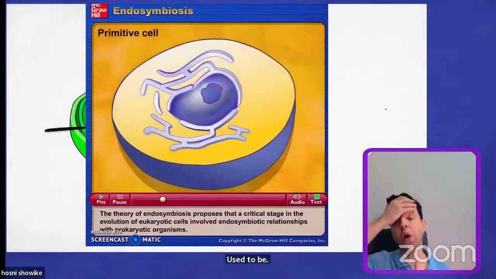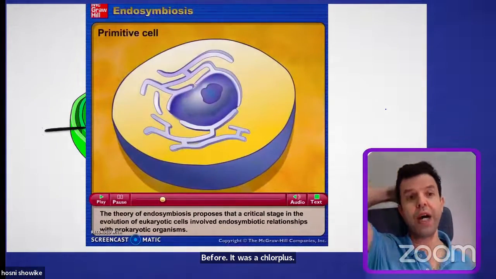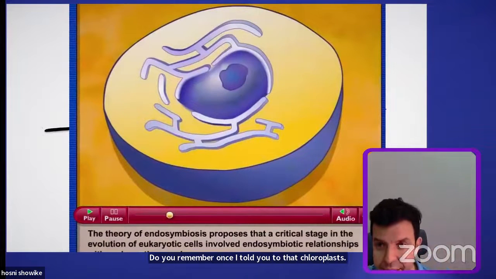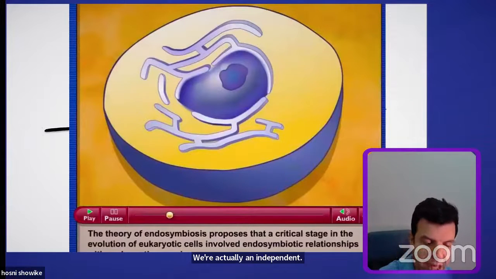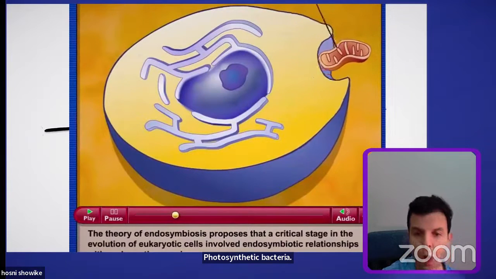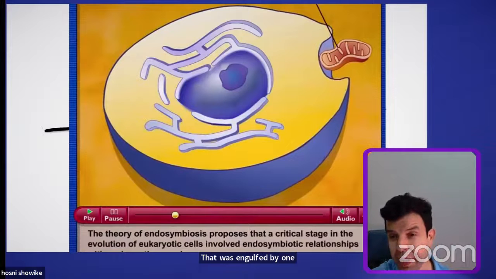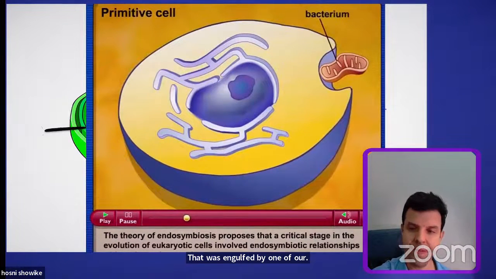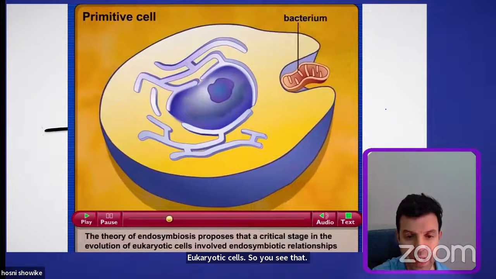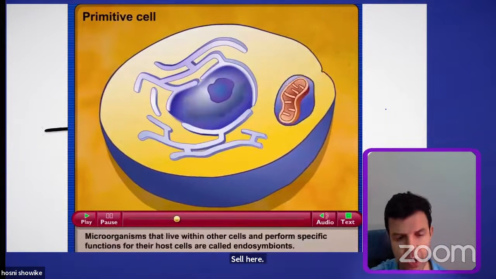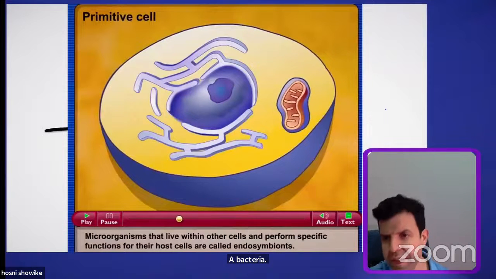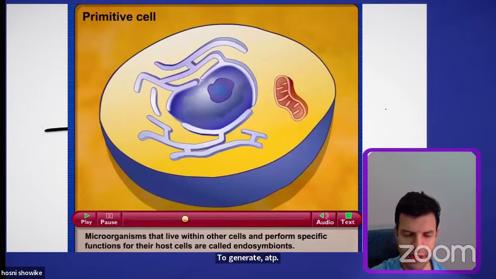Do you remember when I told you in Unit 2 that chloroplasts were actually an independent photosynthetic bacterium that was engulfed by one of our eukaryotic cells? So you see that cell here? This cell has engulfed a bacterium whose job is to generate ATP. We call it the mitochondria nowadays.